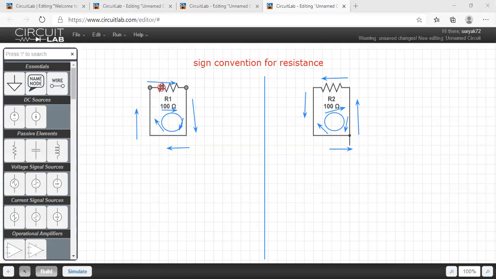The branch current is moving clockwise here, and the loop current is also moving clockwise here. So the branch current and my loop current are flowing in the same direction.